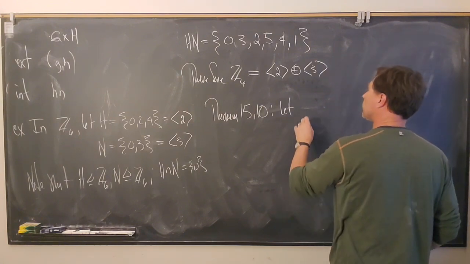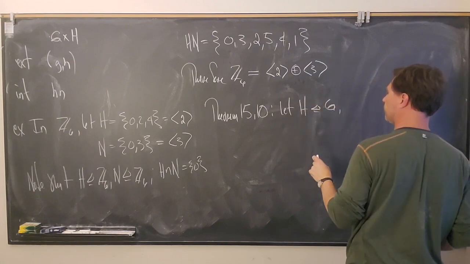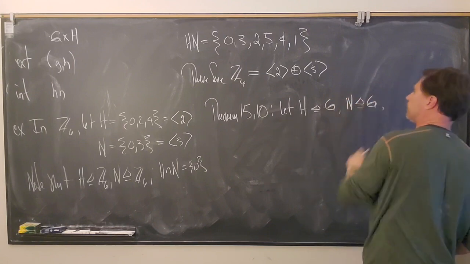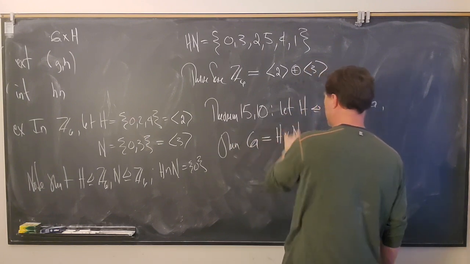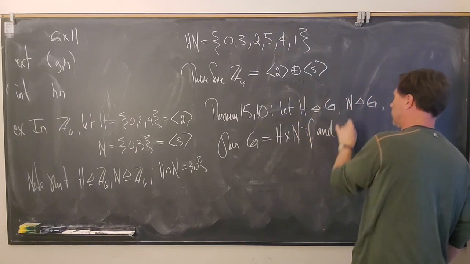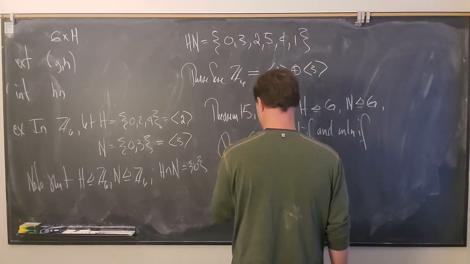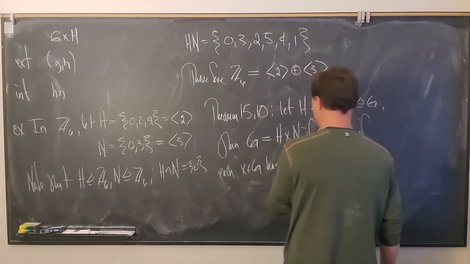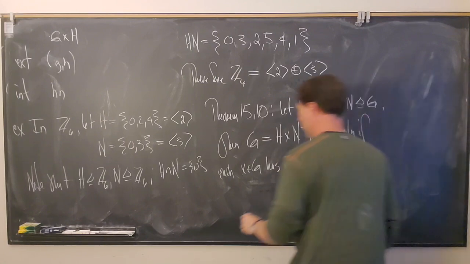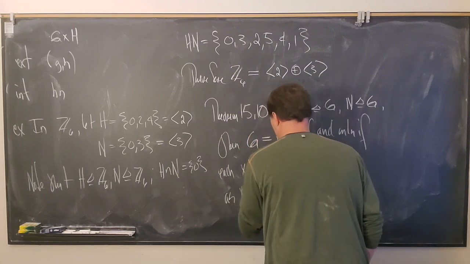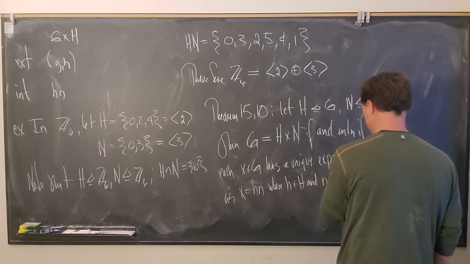So let H be normal in G, and N be normal in G. Then G is the internal direct product, H cross N, if and only if each x in G has a unique expression as x equals hn, where little h is in capital H and n is in capital N.